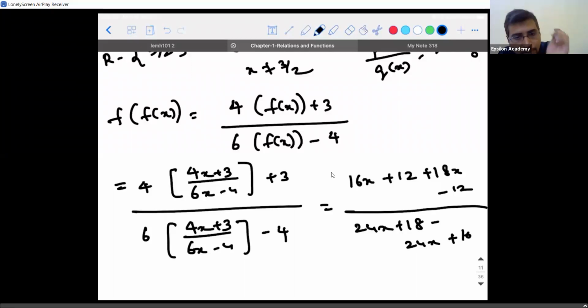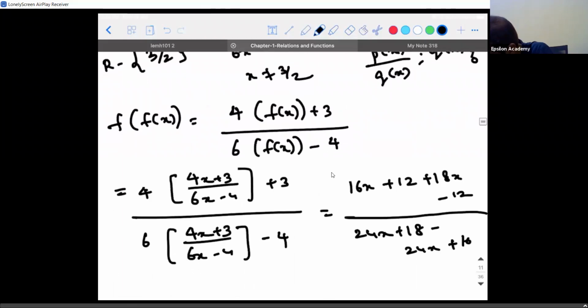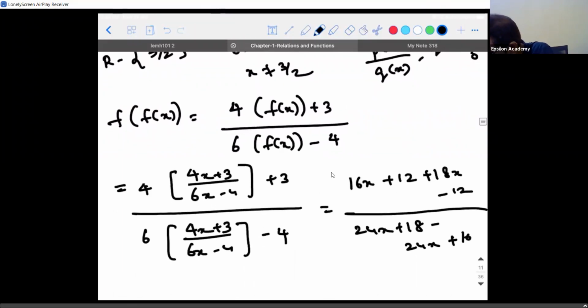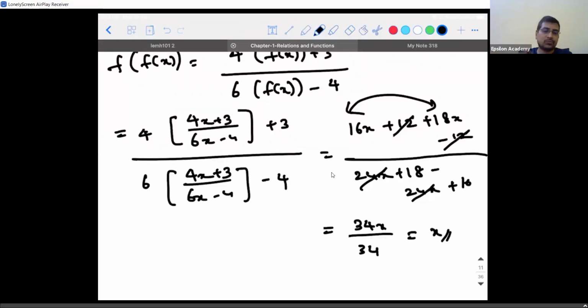It is 4x plus 3 only, no? Plus 3. I don't think it is wrong. So 24x and 24x will get cancelled. 16x plus 18x is 34x divided by 34 will give you an x. So we have proved it.